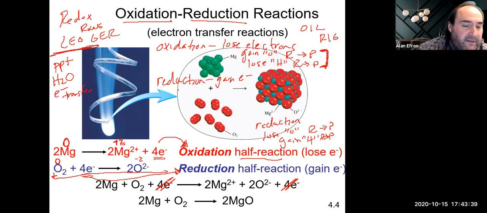So these 3 things are the driving forces for chemical reactions to take place: precipitate to form, water to form, which are under our double displacement reactions, and electron transfers to occur, which is what's happening in our redox reactions. Any questions on that?